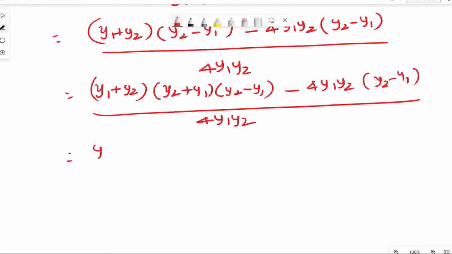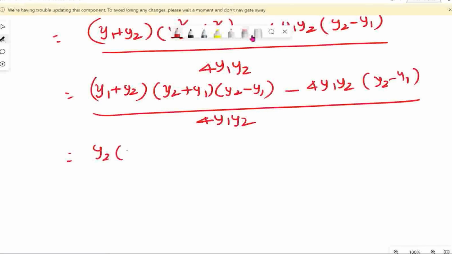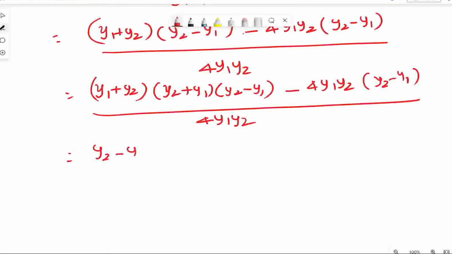So if I take common y2 minus y1 by 4 y1 y2, you bring outside.